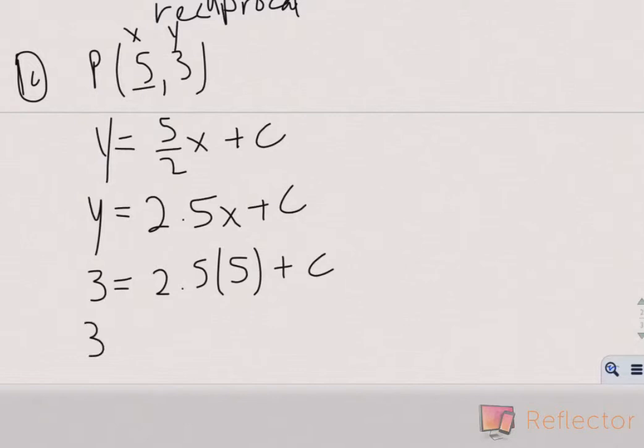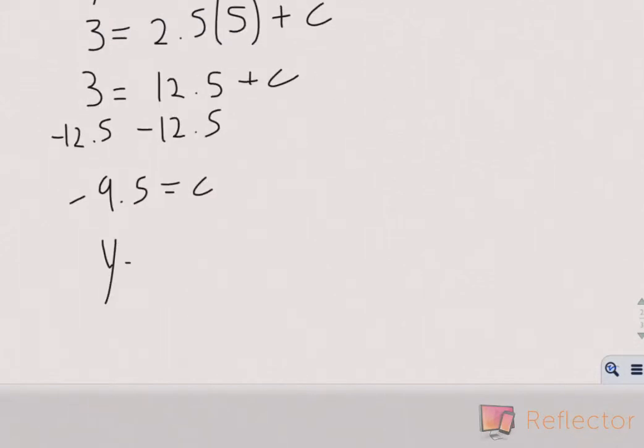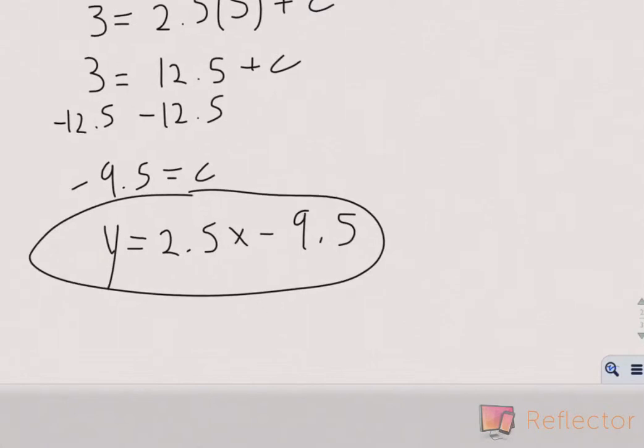And if you multiply 2.5 times 5, that's 12.5 plus c. And if we subtract 12.5 from both sides, we get negative 9.5 equals c. And our final equation, which is what we were trying to find, is y equals 2.5x minus 9.5. That's our final equation.